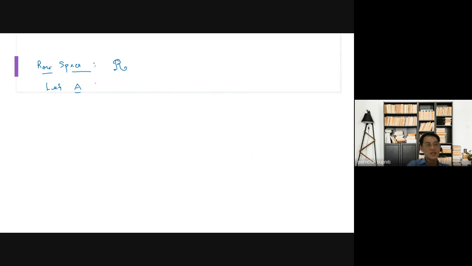Let A be an M by N matrix whose rows are R1 transpose, R2 transpose, all the way to R what? M or N? Because now we talk about the rows, so we only have Rm transpose.